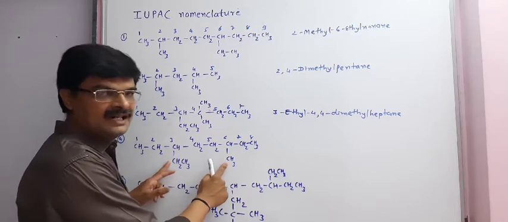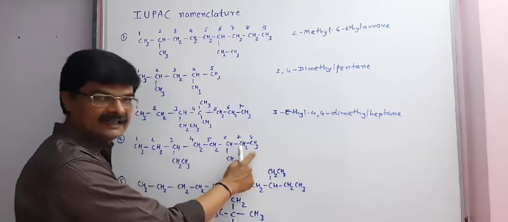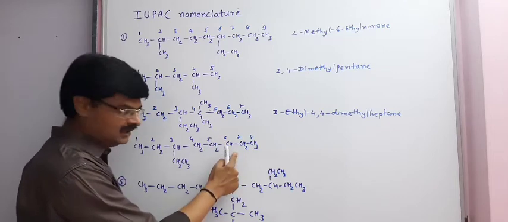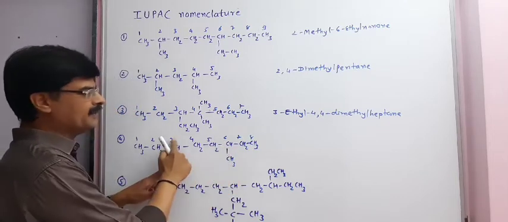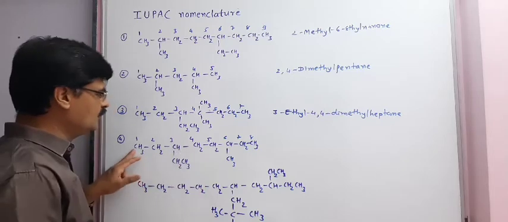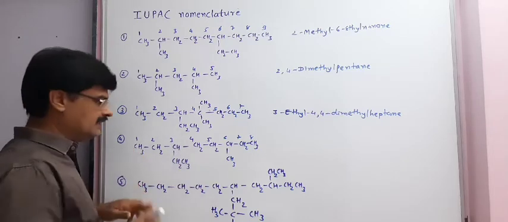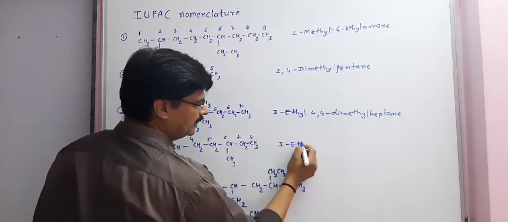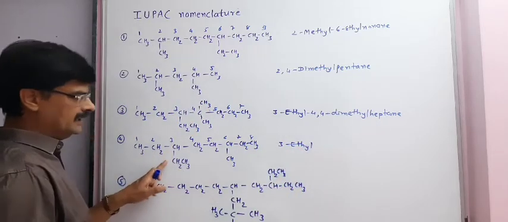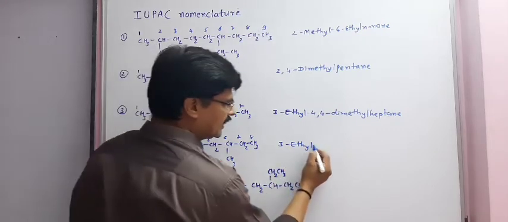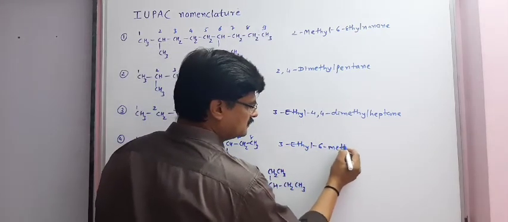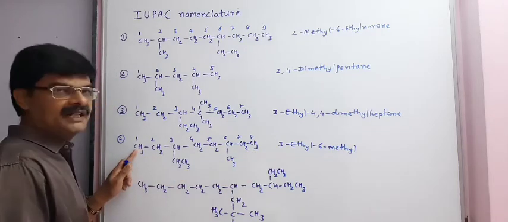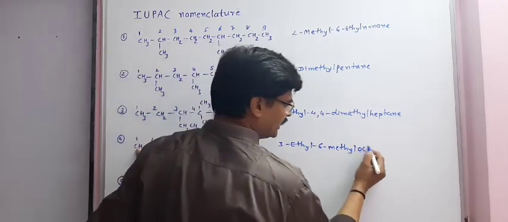So if we had started giving numbers from the right hand side, then the methyl group would have got 3 number and the ethyl would have got a different number, and that is why it is better to give numbers from the left hand side. So first of all, the name will be 3-ethyl 6-methyl, and the total number of carbon atoms is 8, so octane.